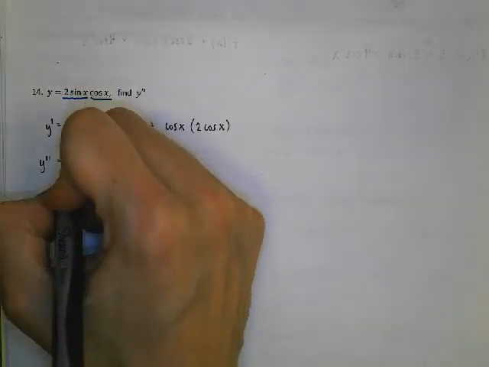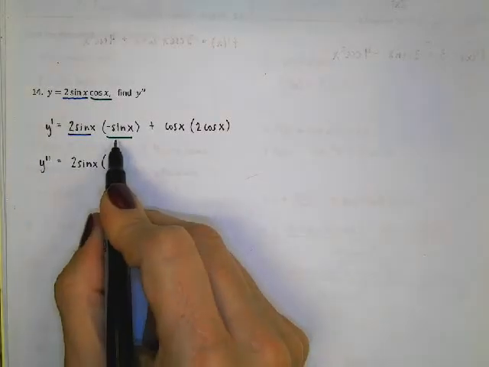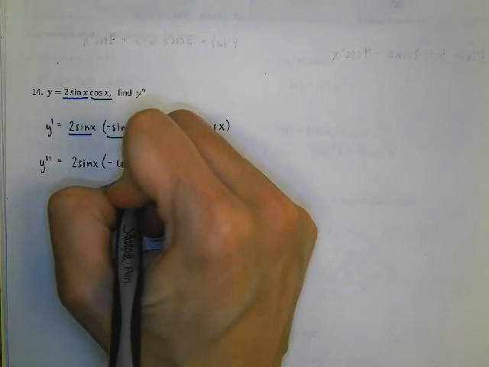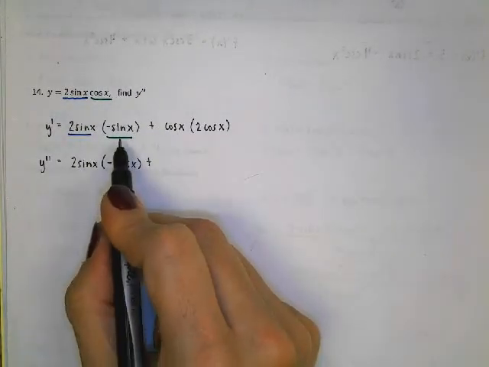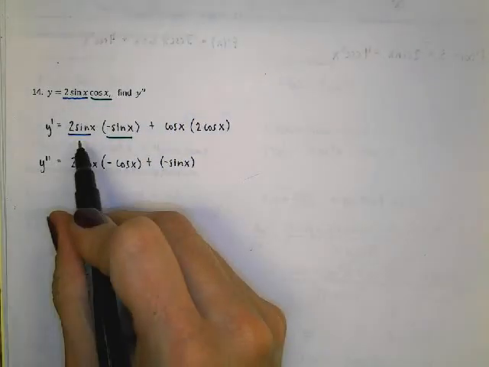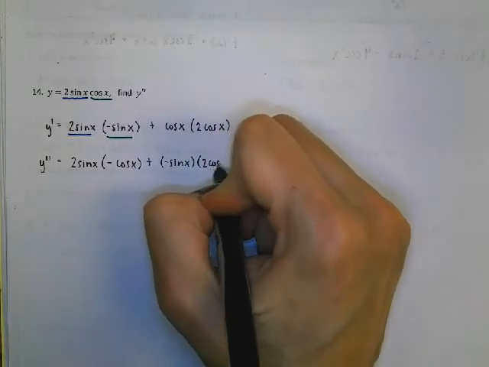So for this first piece, I'm going to have 2 times the sine of x times the derivative of negative sine of x, which is going to give me a negative cosine of x, plus my negative sine of x times the derivative of 2 sine of x, which is going to give me a 2 cosine of x.